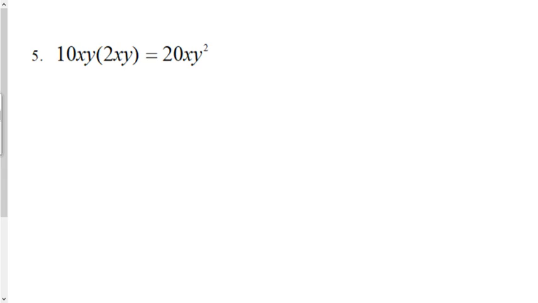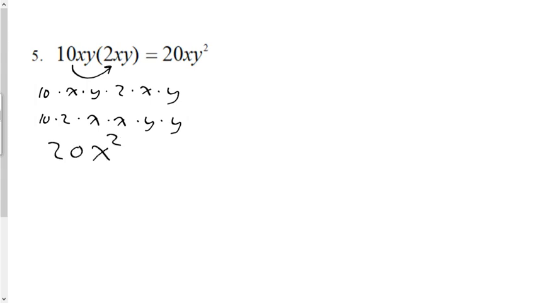Here we have the multiplication of a monomial by a monomial. So, using associative property, 10xy is 10 times x times y times 2 times x times y. Rearranging them, that's how I would rearrange them. 10 times 2 is 20, x times x is x squared, y times y is y squared.